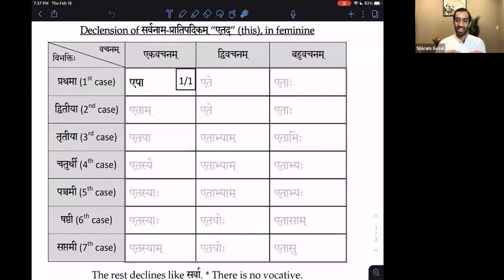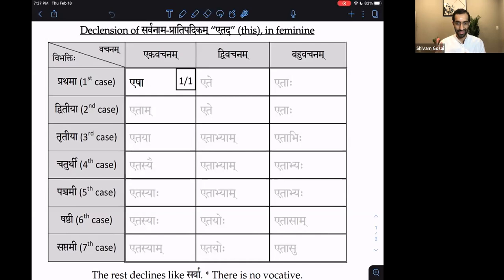So, tad means that, something far away, something paroksha. Now, etad means something closer. So, this computer, this desk, etc. Let's look at 1-1. You can repeat the first line after me.